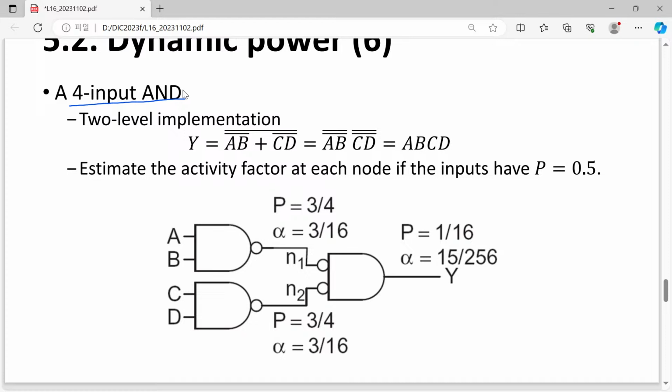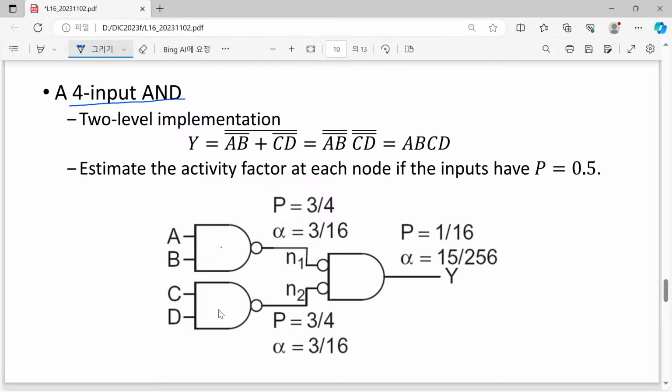So in order to implement this 4-input AND gate, we must have this kind of structure: this is NAND, this is NAND, and this is NOR. The usual way we draw NOR is a 2-input OR with a bubble. However, following De Morgan's theorem, that is equal to bubbles at the inputs followed by an AND. They are equivalent, so you understand this one.